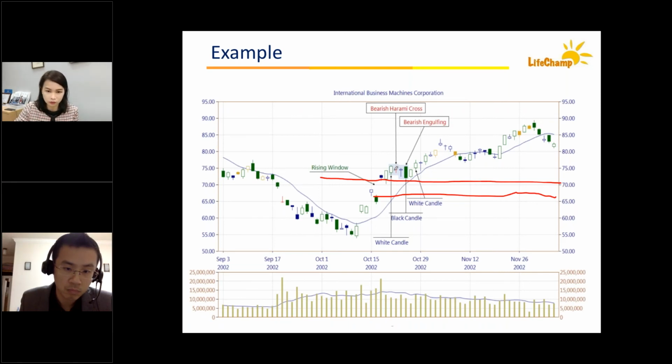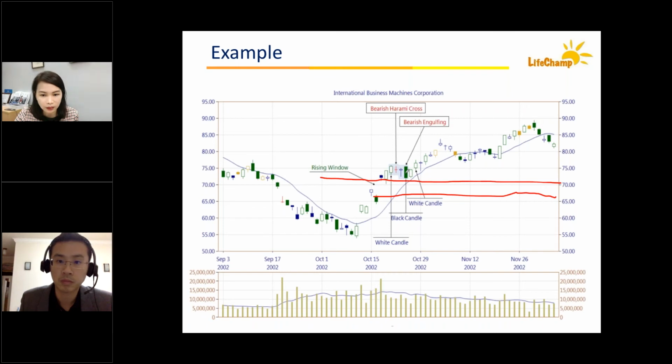It's a small baby inside it. So this is called a Harami cross, and then subsequently it's a down day. You still have another doji, followed by a large green, which in this case means black. A large bearish candlestick over here. So this one is a bearish engulfing.